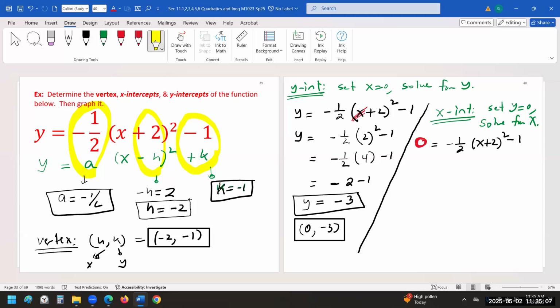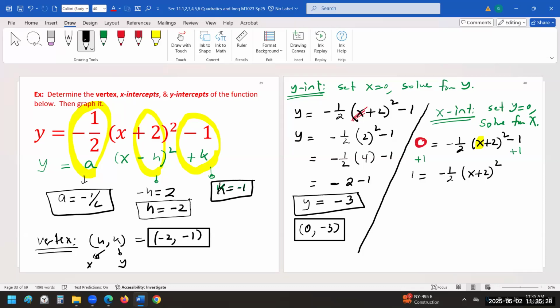Solve for x means we want this x to be alone. So we add 1 on both sides. We get 1 equals negative 1/2 (x plus 2) squared.